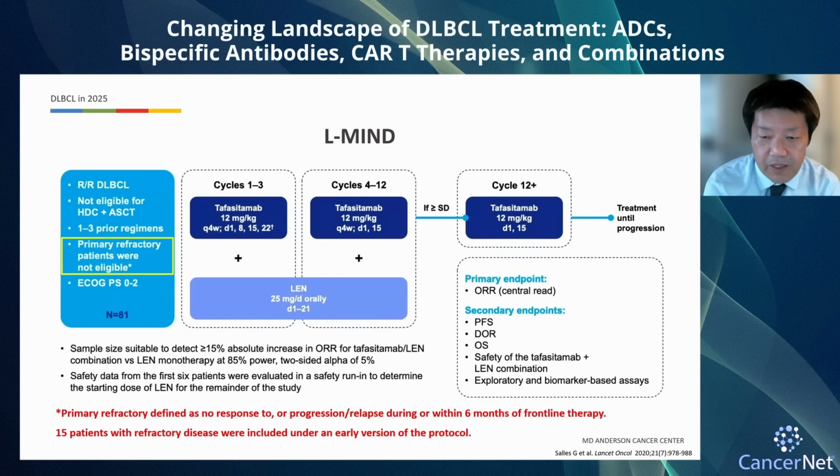Another non-chemotherapy option is a combination of tafasitamab and lenalidomide, evaluated in the L-MIND study, a single-arm phase 2 trial. An important point to note in this trial is that it excluded patients who had primary refractory disease. This distinction is key when interpreting the results, as the study population generally had a less aggressive disease course or biology.